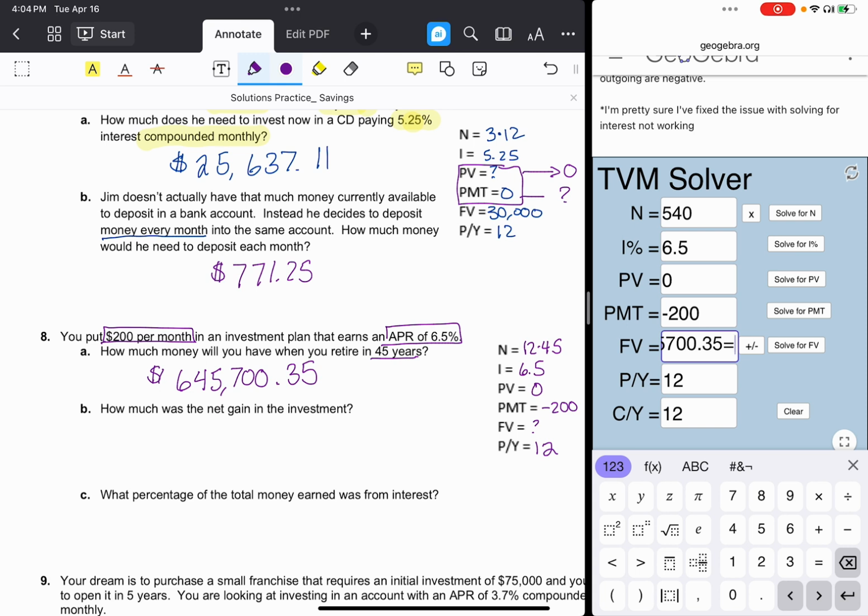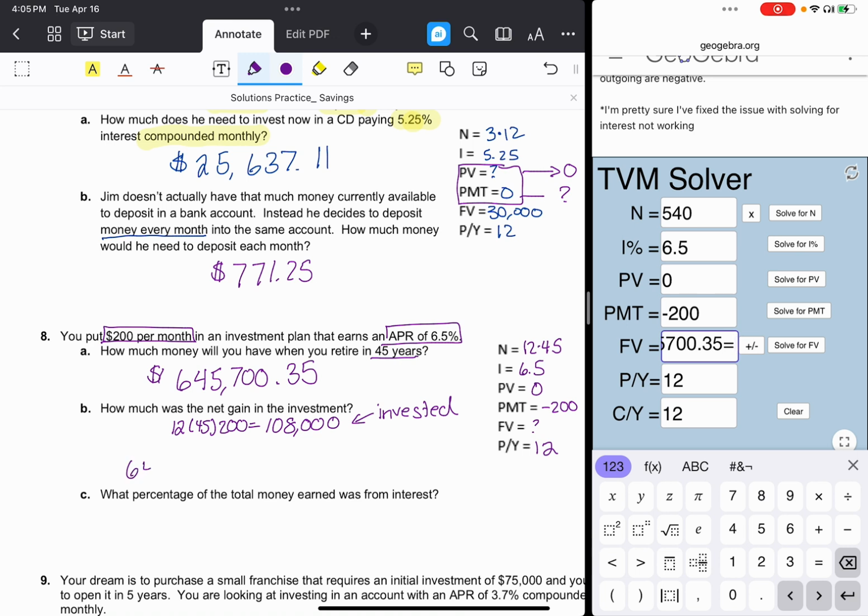Well, we want to know what the net gain was. So we do need to know how much we paid. So that would be what we'd find out by doing 12 times 45 times 200. And you would find that you put in $108,000. So that's how much got invested.